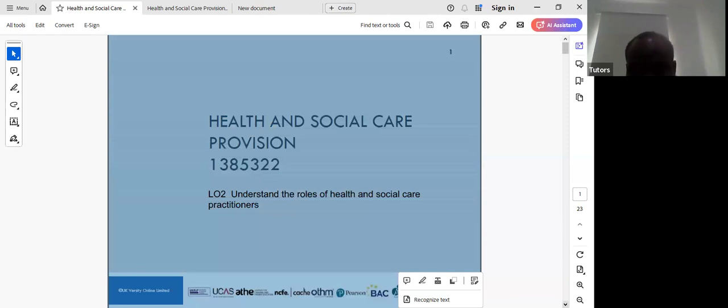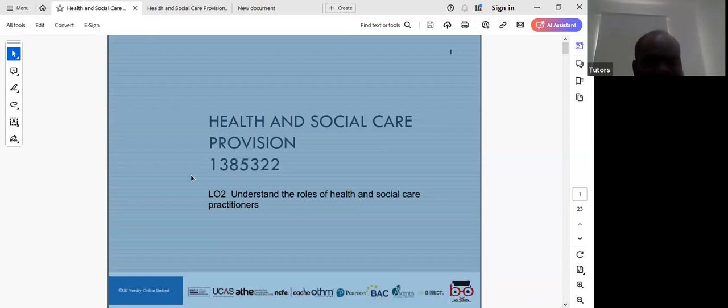Today we would have to look into understanding the roles of health and social care practitioners. Understanding the roles of health and social care practitioners.